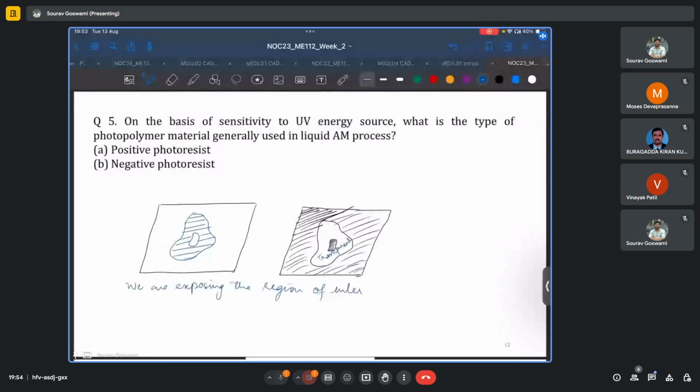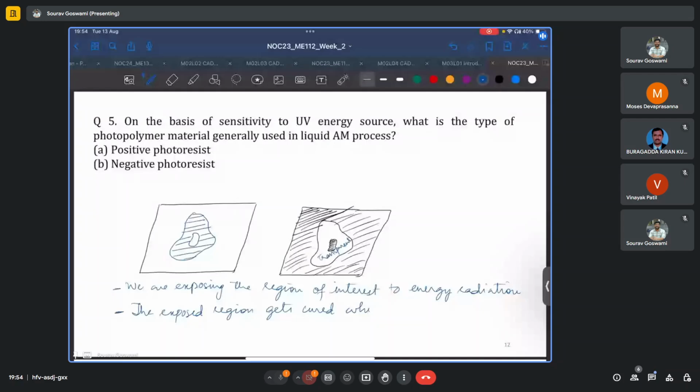Also, the exposed region gets cured, while the remaining liquid is removed at the end of the process.